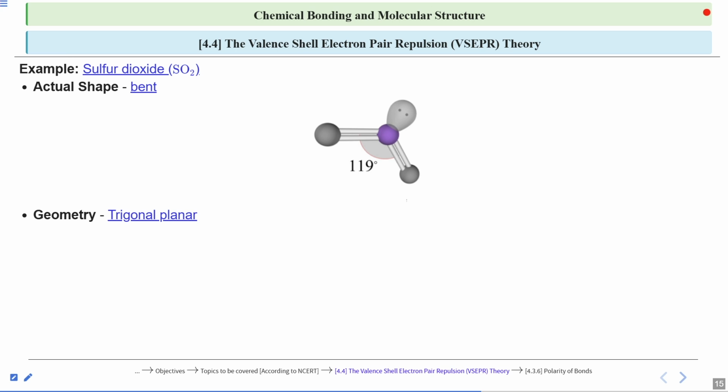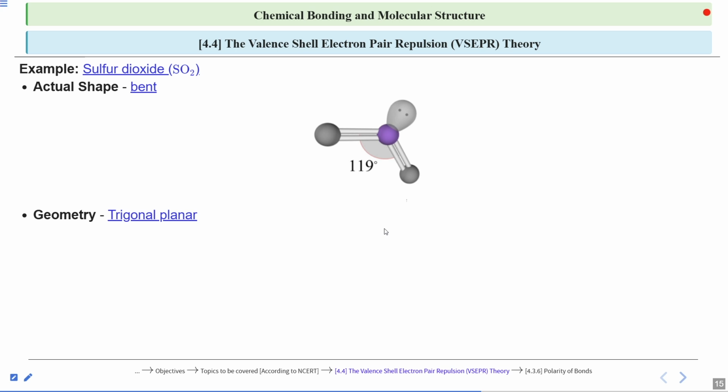But if you are considering the geometry, remember in the starting of the chapter, I said that while you are considering the geometry, you have to take the lone pair. And if you consider the lone pair, it will look simply like a trigonal planar. So in the case of molecules which have a lone pair, the shape is different and the geometry is different. The shape is bent here and the geometry is trigonal planar here.